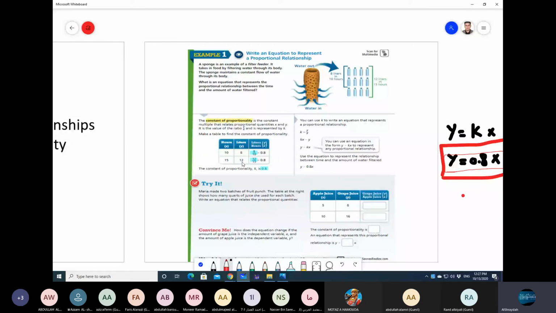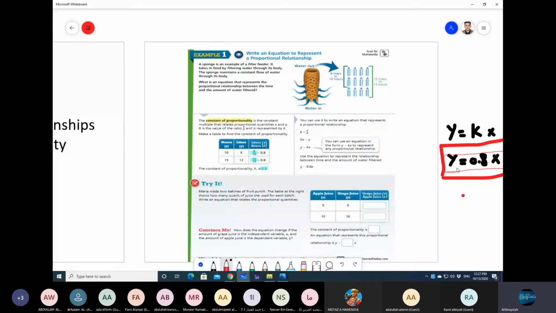if we have 10 hours, what will be the value of x? Or if we have 11, 12, the value of x is 12. What is the value of y if x equals 12? What will you tell me?